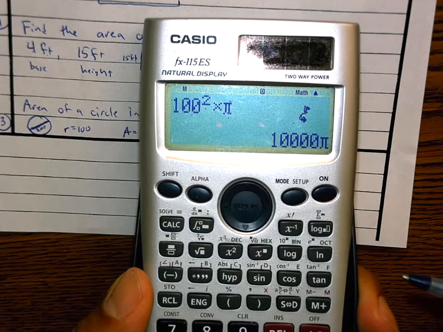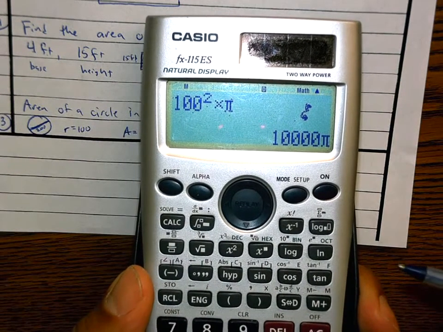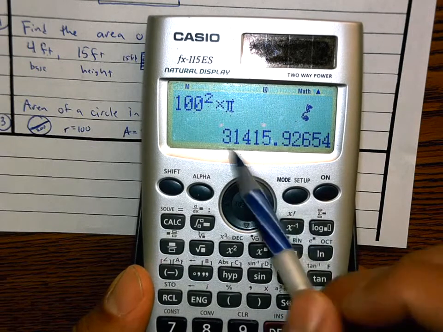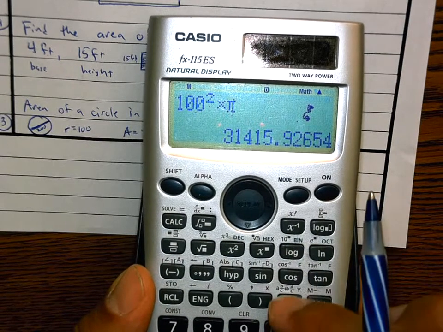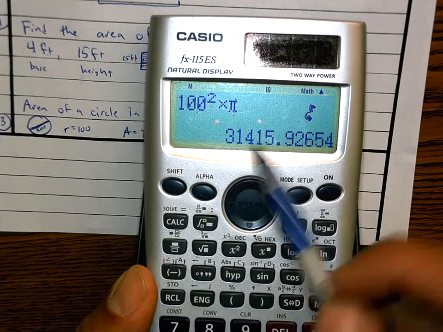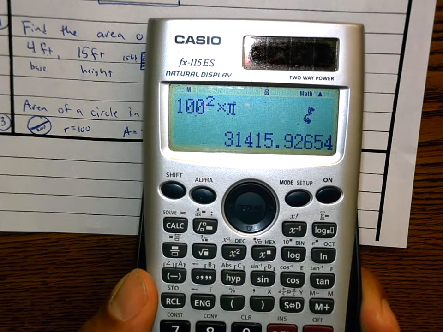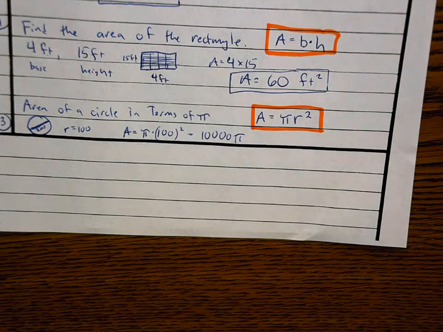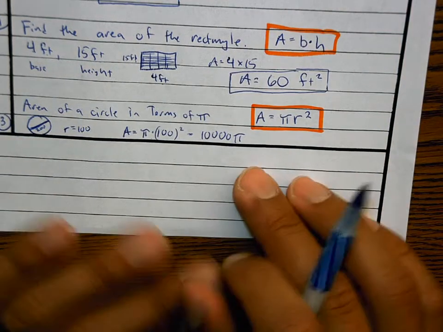It's kind of neat. And then if you want to plug in 3.14, then you can press the button and it will give you what is 10,000 pi times 3.14, 31,4xx, whatever it is.